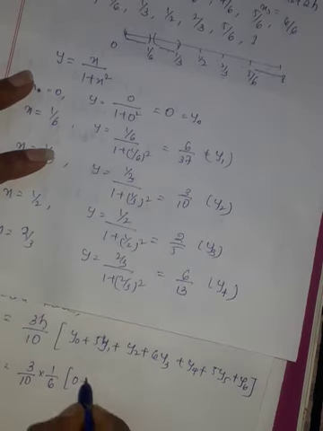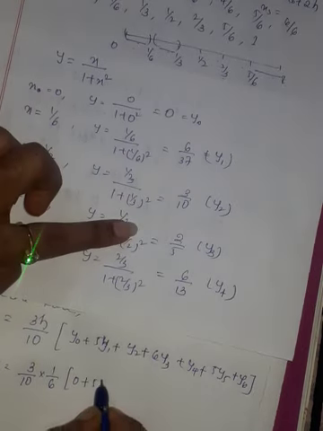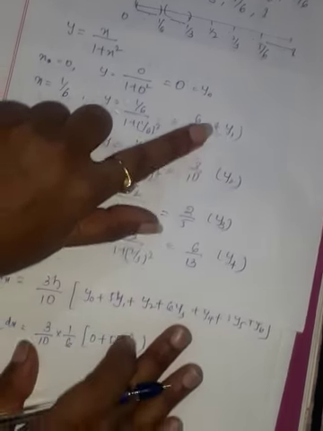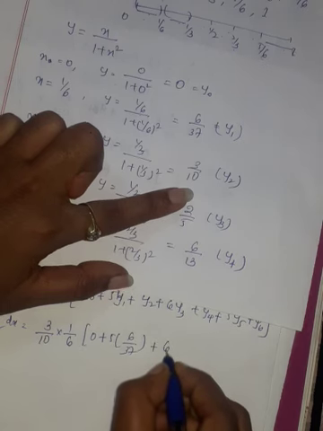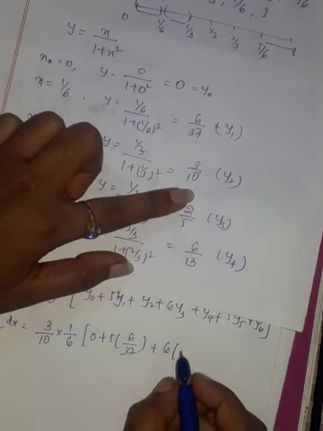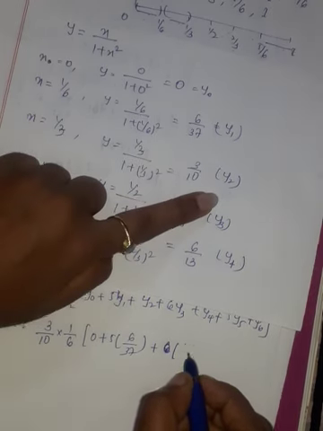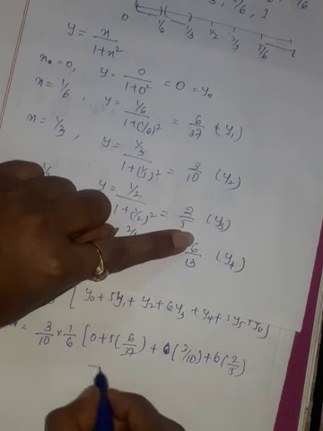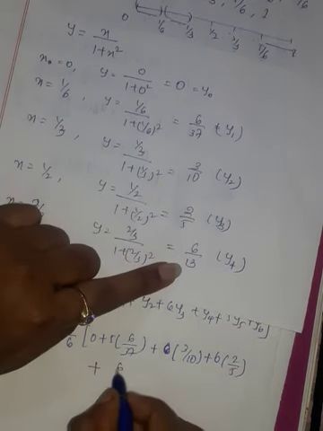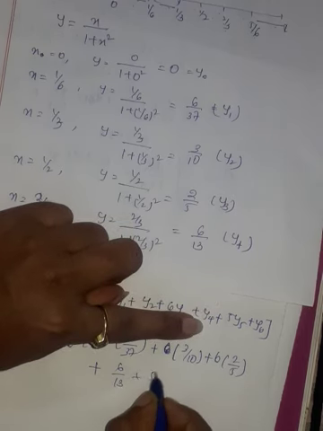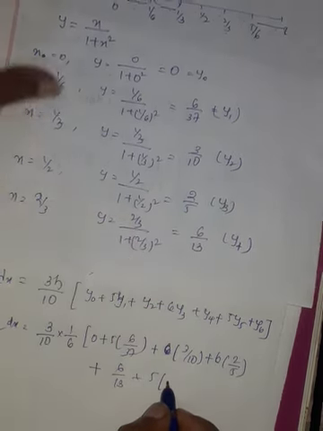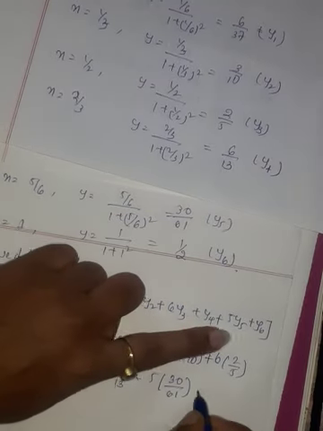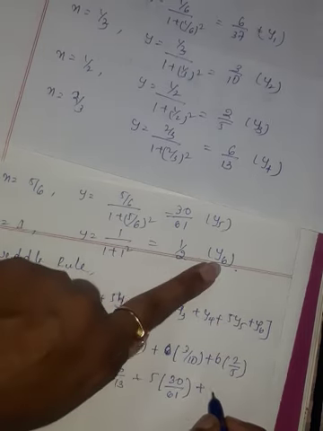So y naught is 0 plus 5 into y1, which is 6 by 37, plus 6 into y2, which is 3 by 10, plus 6 into y3, which is 2 by 5, plus y4, which is 6 by 13, plus 5 into y5, which is 30 by 61, plus y6, which is 1 by 2.